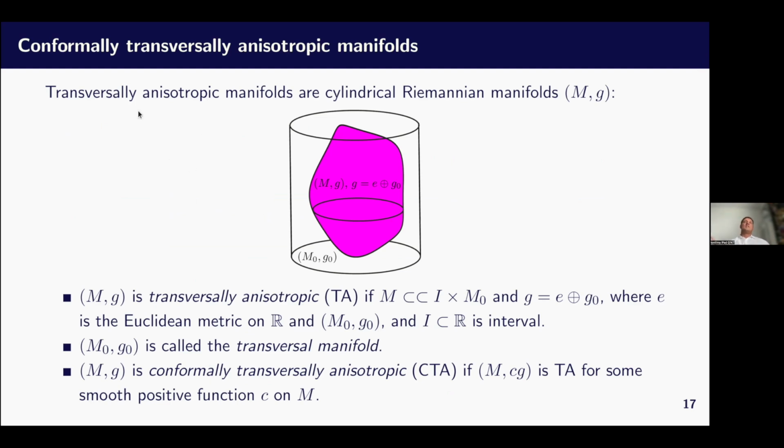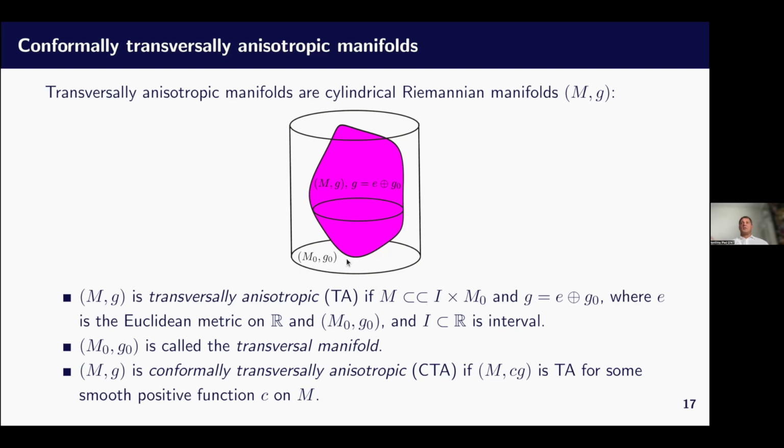In the mathematics literature, these manifolds are precisely called transversally anisotropic manifolds, and they look as here in the picture. So the transversally anisotropic manifold is a subset, this pink area, of a cylinder manifold.